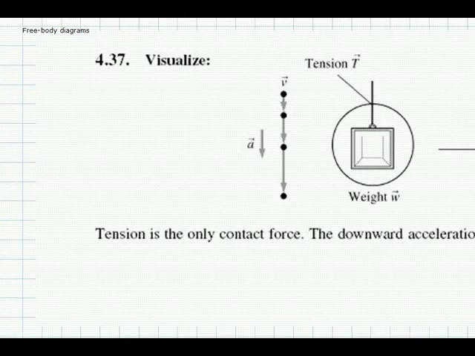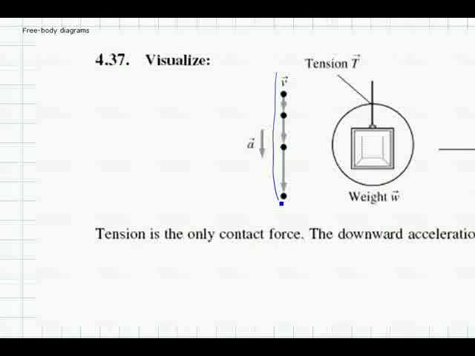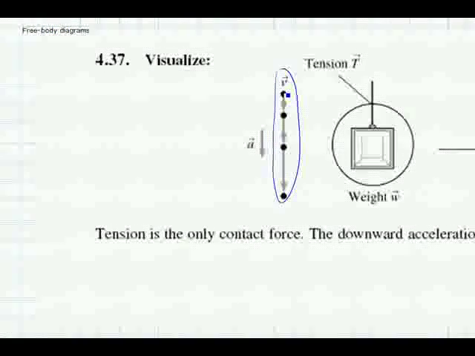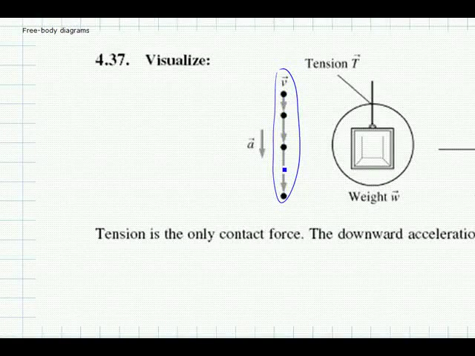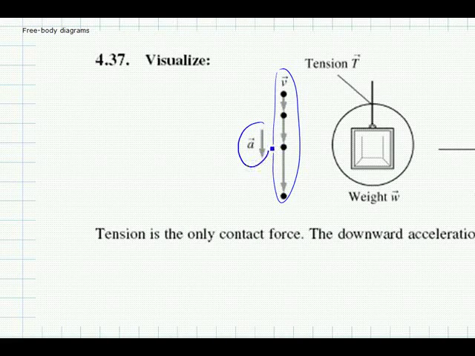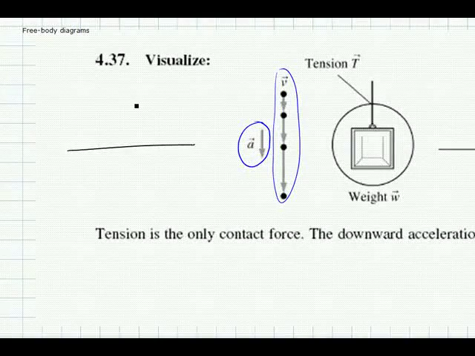Here we have a scenario. We have once again an elevator being supported by a rope, and we've also been given a motion diagram. In the motion diagram, as you can see here, the velocity vector is increasing downwards, which implies there's an acceleration downwards. So how do we go about constructing a free body diagram in this case?